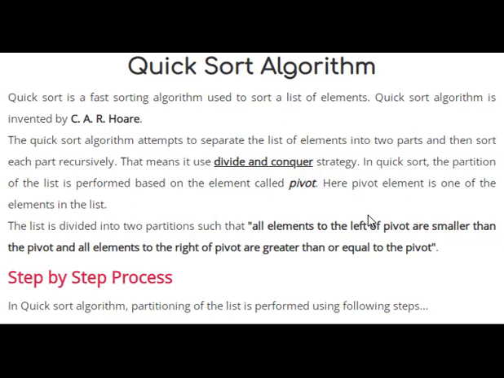Normally, in this sorting technique, the partition of the list is performed based on an element called the pivot. Here, the pivot element is one of the elements in the list, and we can take the value of the middle element, left element or right element as a pivot.